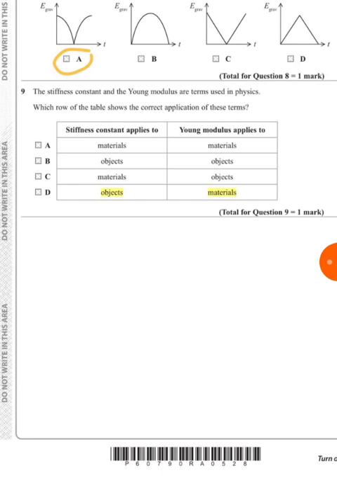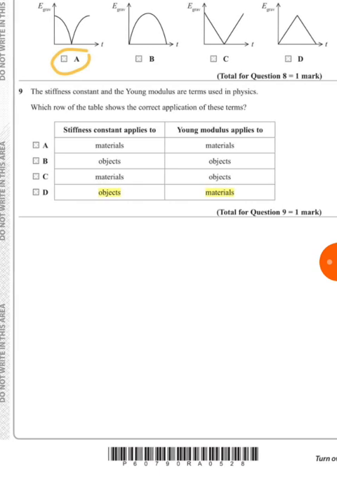It doesn't matter what the object is. For example, if both objects are made from steel, it doesn't matter, because it's all about stretching the object. But Young modulus applies to materials, because it depends on what type of material it's made of.